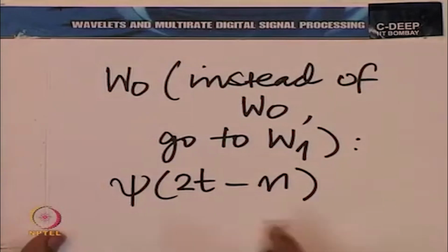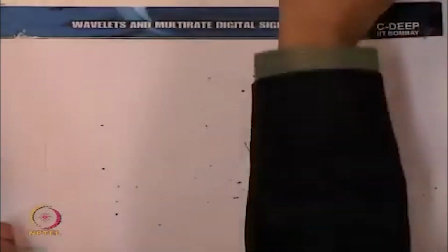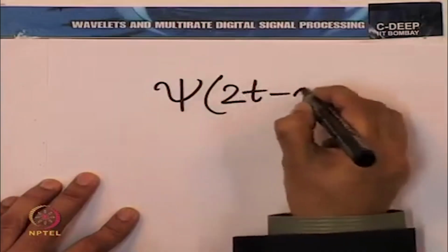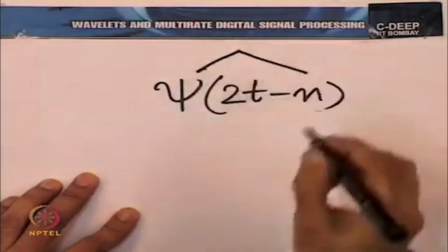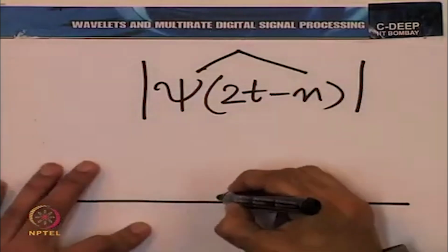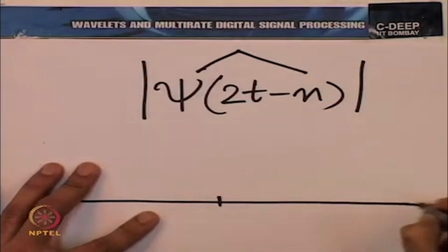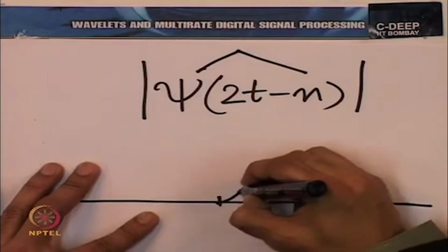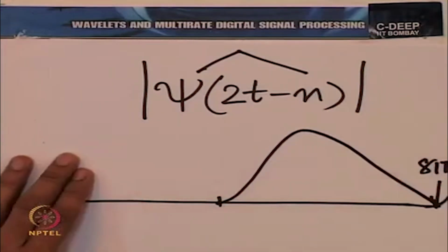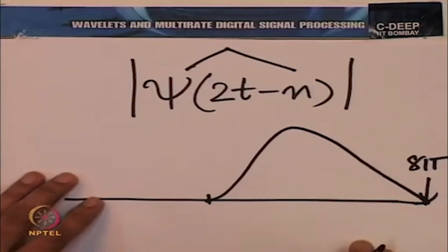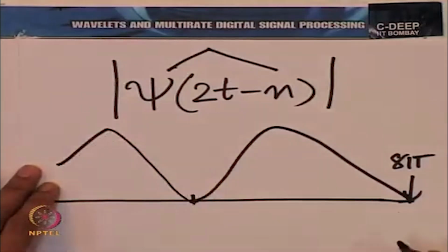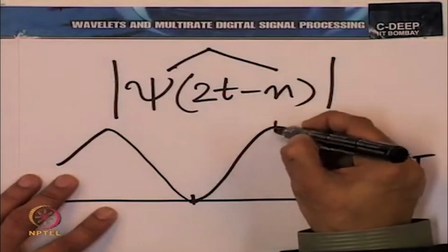And how would the Fourier transform of psi of 2 t minus n look? If you take the Fourier transform of psi of 2 t minus n and plot its magnitude, its appearance would be something like this, it would be stretched. So, instead of going from 0 to 4 pi now, you would have a band between 0 and 8 pi. Of course, symmetrically on the negative side. Now, there are two things.